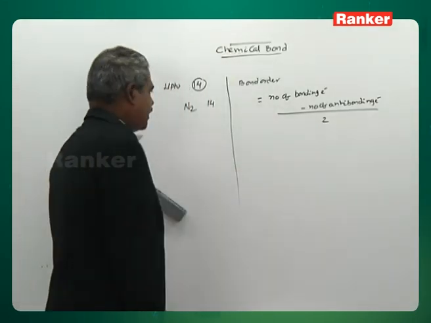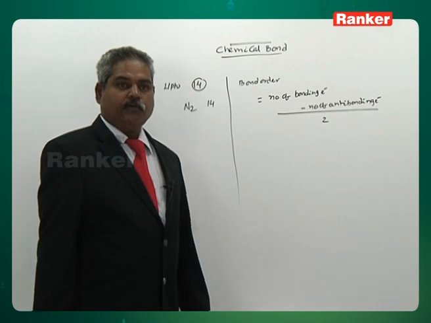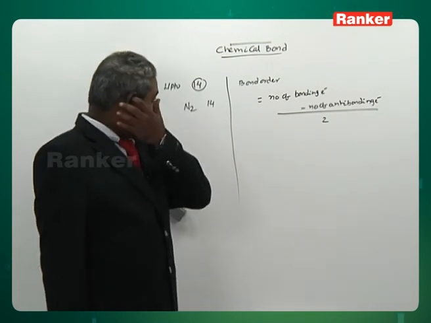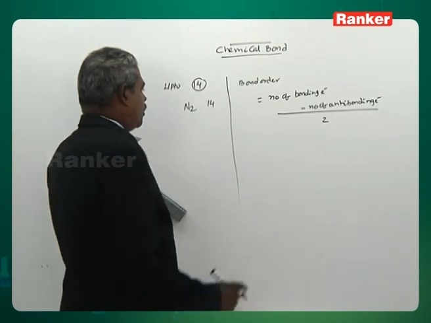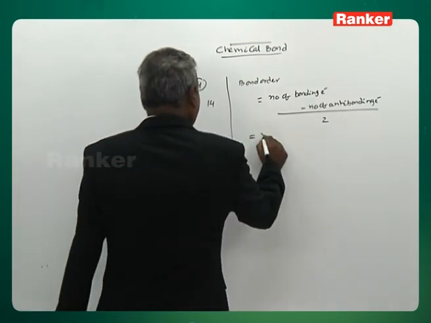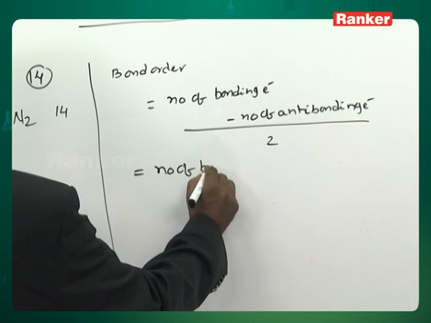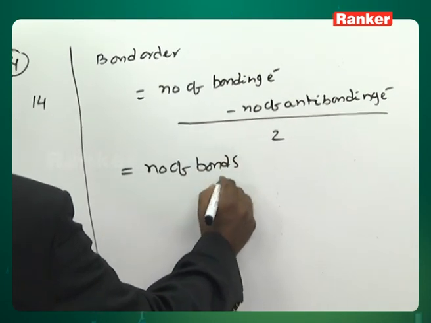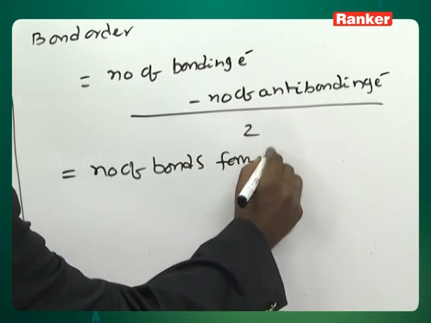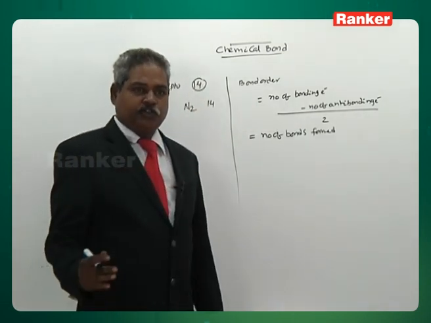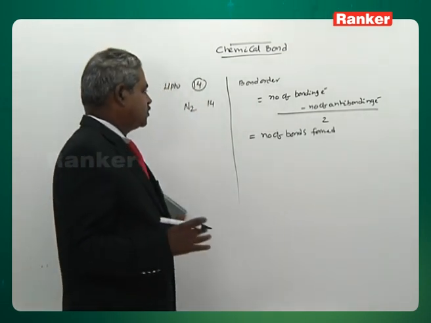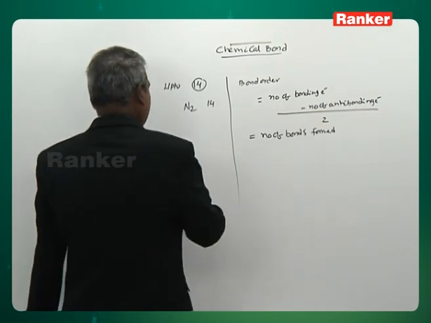After duly writing the electronic configuration, number of bonding electrons minus number of anti-bonding electrons by 2. So bond order is actually equivalent to number of bonds formed. And of course, greater the bond order means more bonds, which means the molecule is stronger.